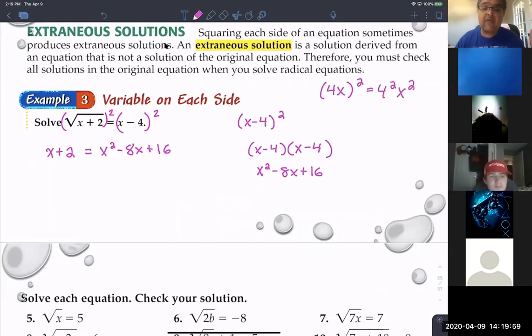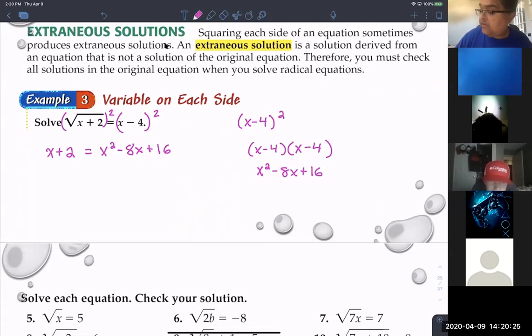But this is not 4x squared. So you can distribute the exponent only when whatever is being raised to that exponent is being multiplied only. Here, I'm not multiplying, I'm subtracting. So you can't distribute the exponent when you're adding or subtracting. Okay, does that make sense? I got you. All right. Yes, sir.